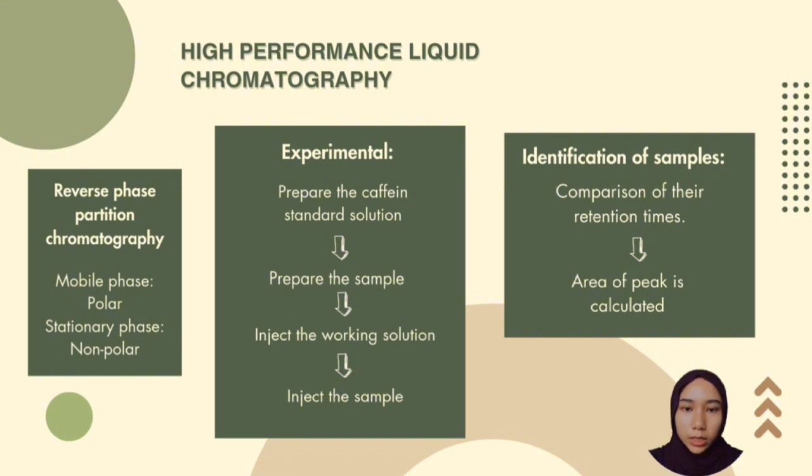If the analyte is a similar compound to the standard, they will show similar retention times. We can also determine the amount of components present in the analytes by reviewing the ratio of peak areas.